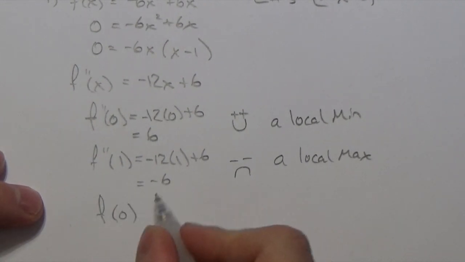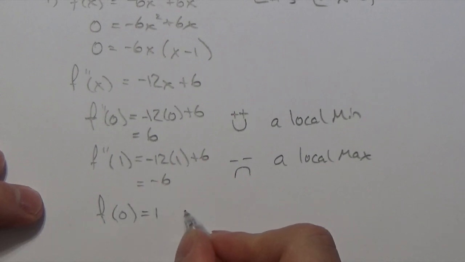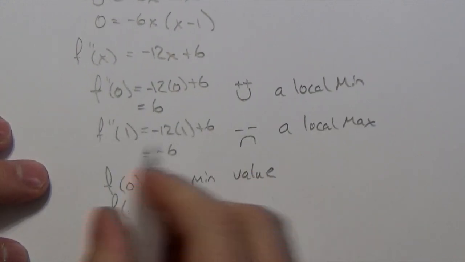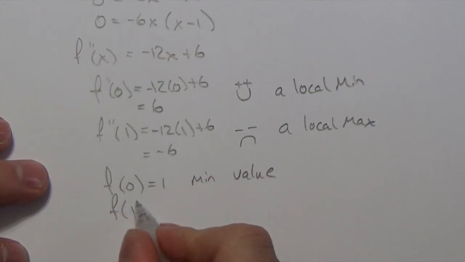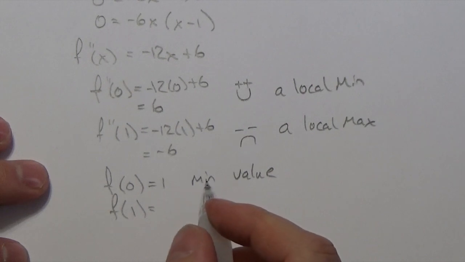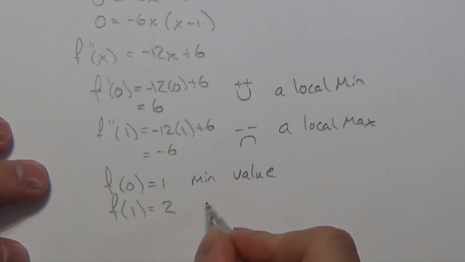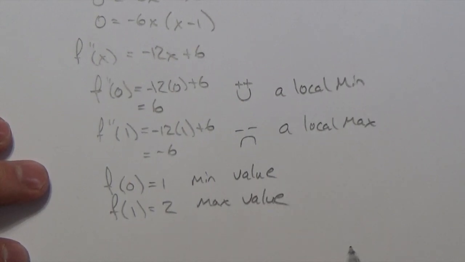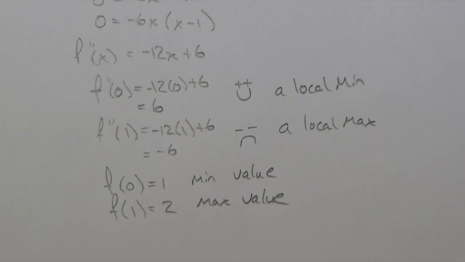If I plug a 0 into the original function, I get a 1. This is my minimum value. If I plug the 1 in there, I get 2. That's going to be my max value. And there we go. So that's what's going on with that first function.